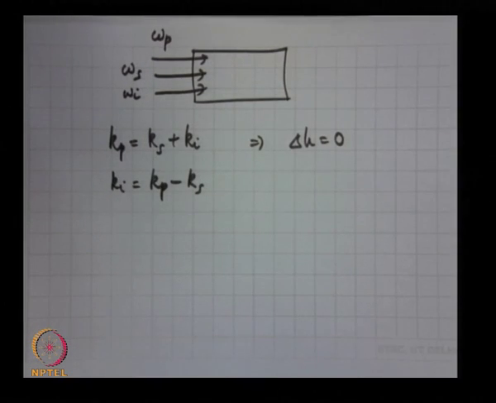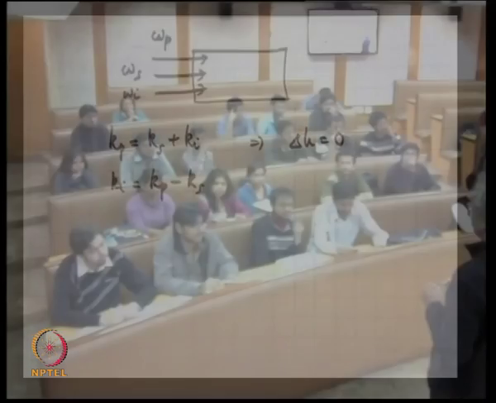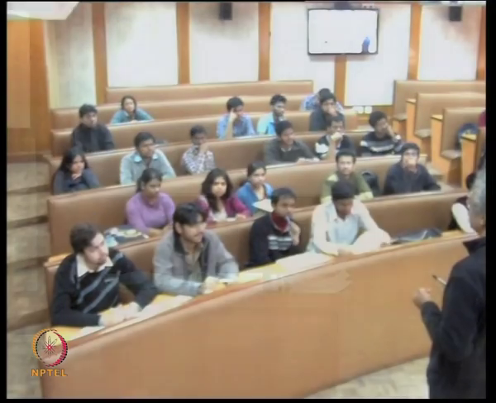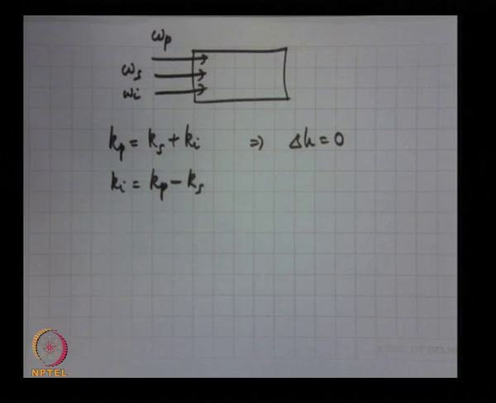So the condition for efficient interaction between these three frequencies, such that omega s plus omega I is equal to omega p, is that I must satisfy this condition. Whether energy flows from omega p to omega s and amplifies omega s, or energy flows from omega s and omega I to omega p and attenuates omega s, is determined by the phase of the signal.